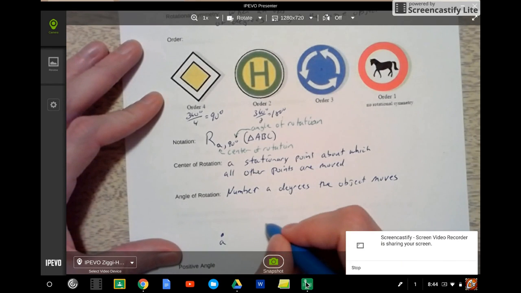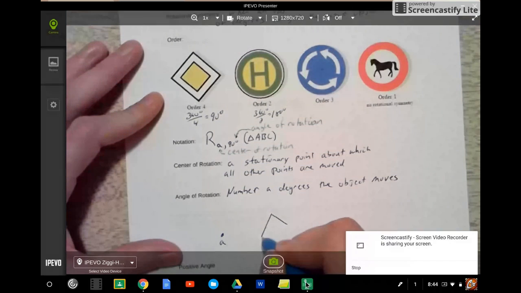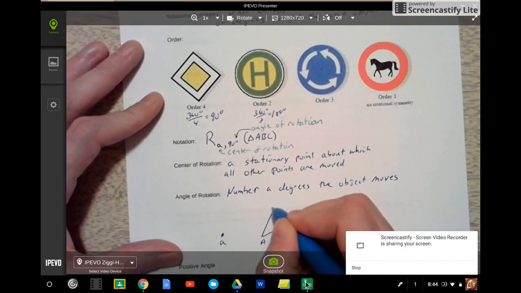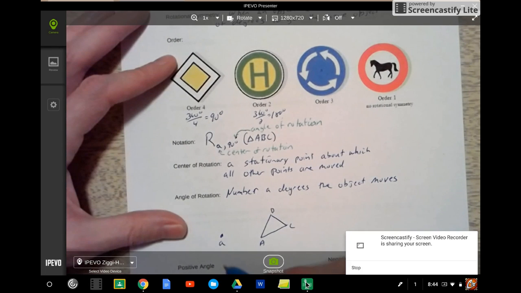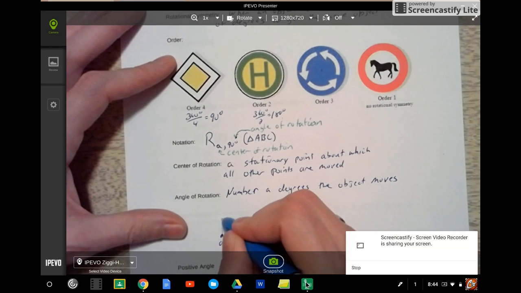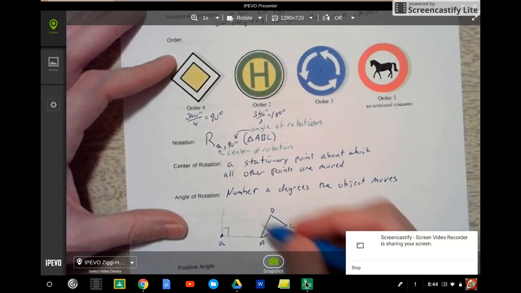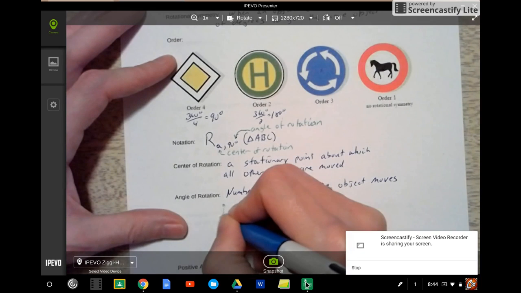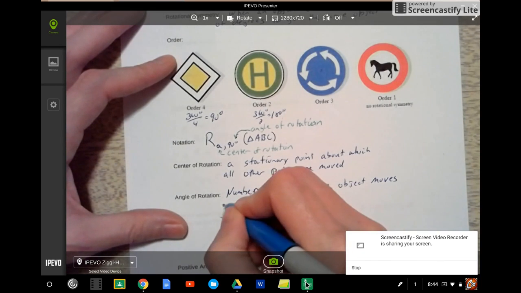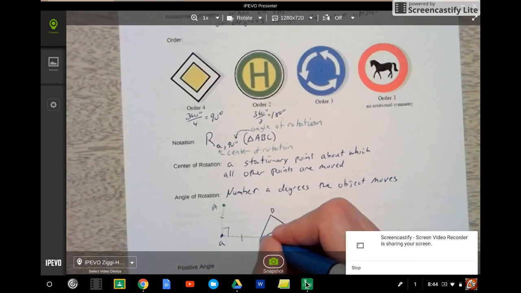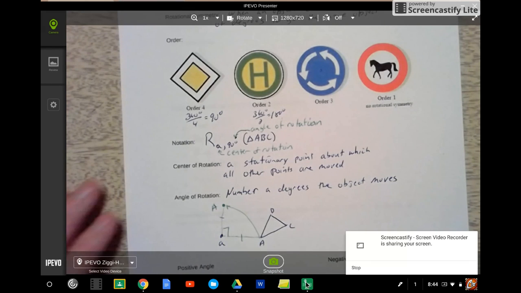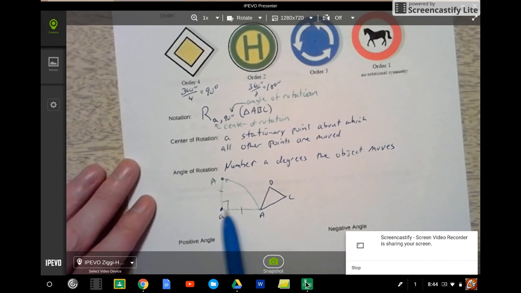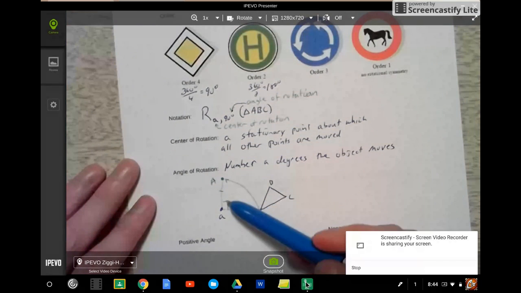And if I've got another figure here, let's make a quick triangle, A, B, C. And if I'm going to rotate 90 degrees, well, that means an imaginary line I draw in here, if I make a 90-degree angle with that line, so this angle here is 90 degrees, and as long as these two are the same distance, this will be my new point, because it means that this has now turned 90 degrees in that direction. So that's what we mean by the 90-degree rotational symmetry. Take that, draw another line of the same degrees.